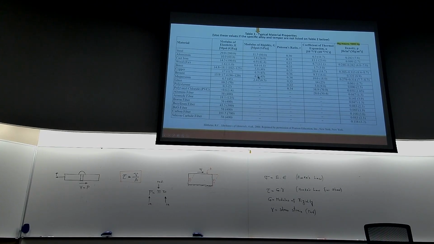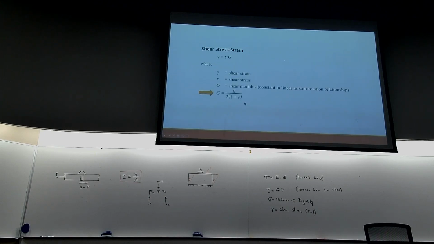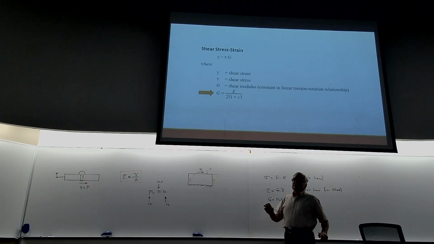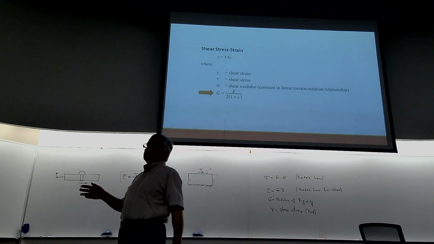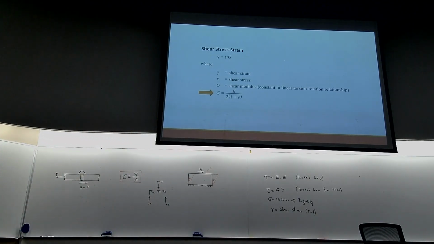So there's the column for G. And this equation with an arrow next to it relates three properties to each other: E, modulus of elasticity, G, modulus of rigidity, and nu, Poisson ratio.